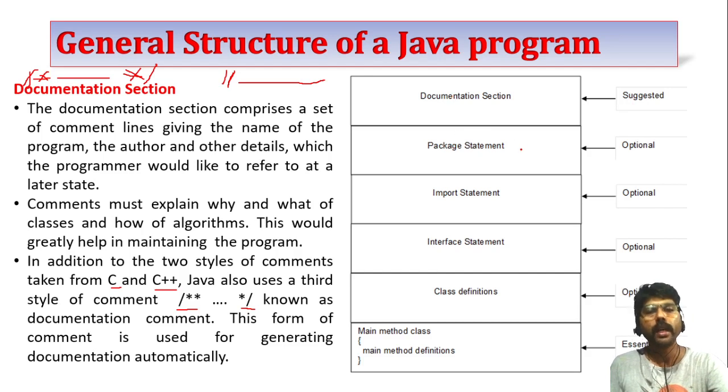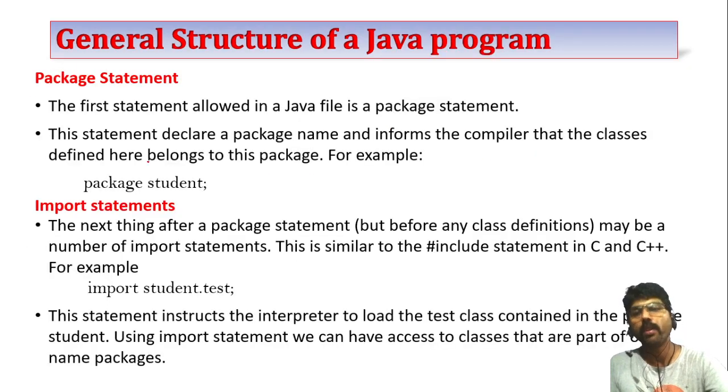At the next part, I have a package statement. The first executable statement written in the program is called the package statement. It is written using the keyword package. In front of that package, I have to use one identifier. Here I use student. Student is a package name. What is the meaning of this?